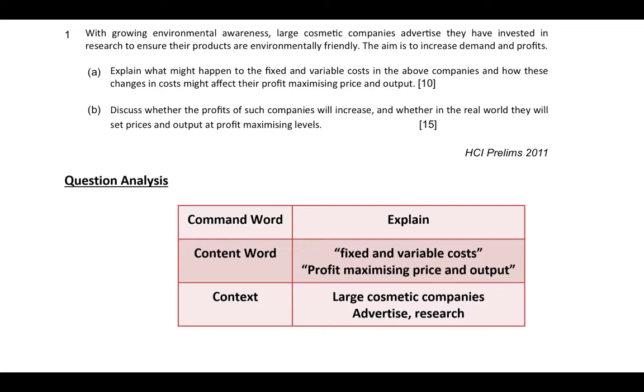Is it a fixed cost? Is it a variable cost? And then next, the research and development. They have invested in research to ensure their products are environmentally friendly. So this advertisement and research, is it a fixed or variable cost?